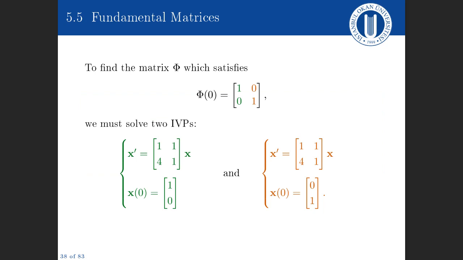Okay, so we need to find a matrix where each of the columns of the matrix is a solution to the differential equation. And we want the first column, when we set time t to be equal to 0, to be (1, 0). So in other words, to get the first column, we need to solve the differential equation with the initial condition x of 0 is (1, 0).